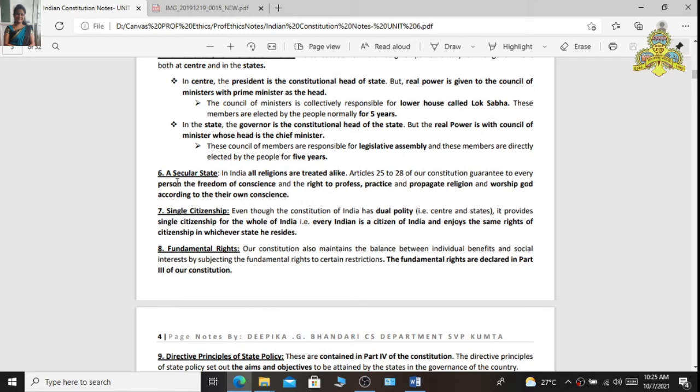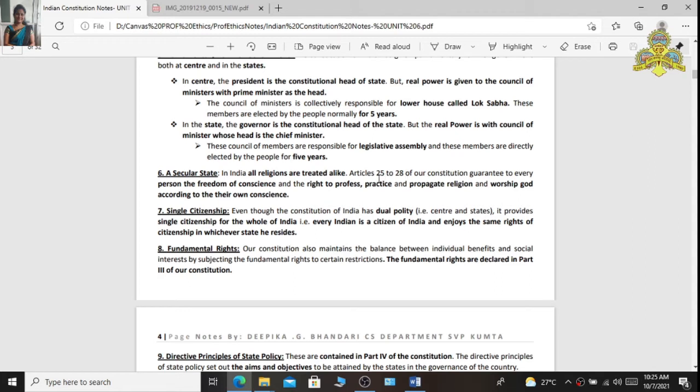Our constitution is called as a secular state. In India, all religions are treated alike. Okay, our constitution will treat all the religions as same. This provision is given under the article 25 to 28.